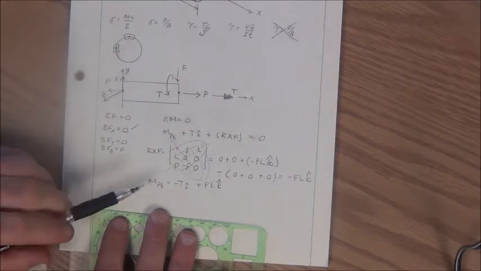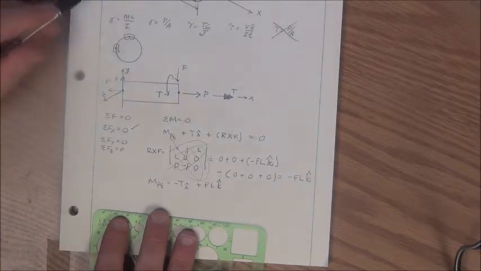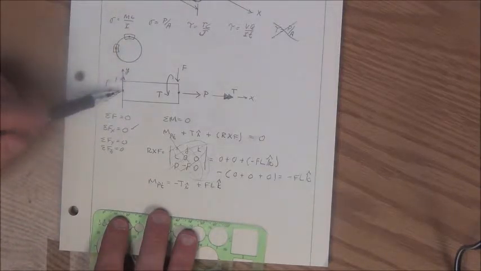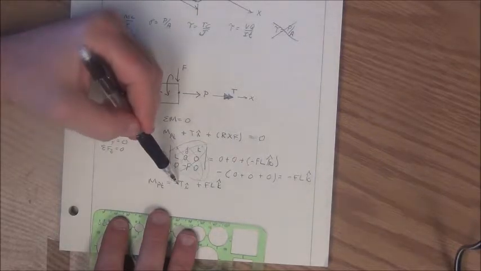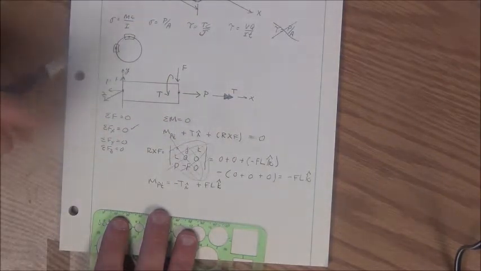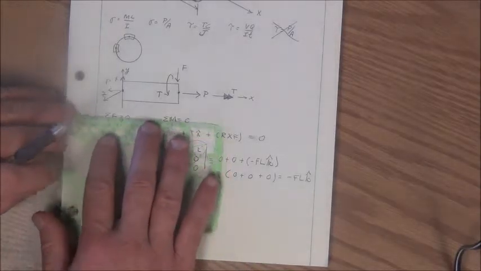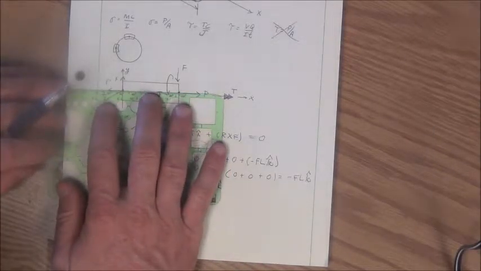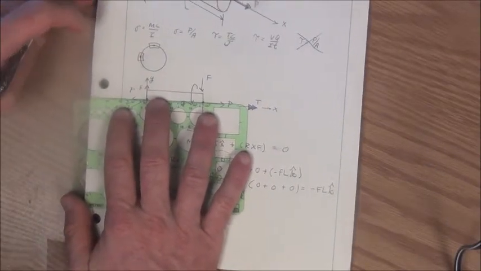Now I can draw the moment that occurs back at the wall on my free body diagram. I'm going to have a minus T, and I can draw that using the double arrow approach.